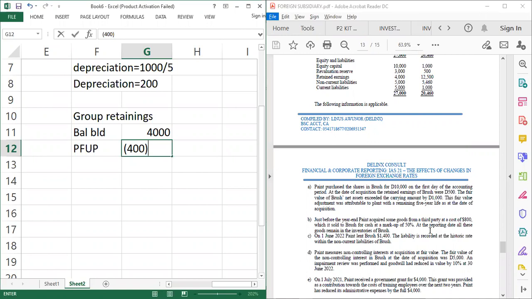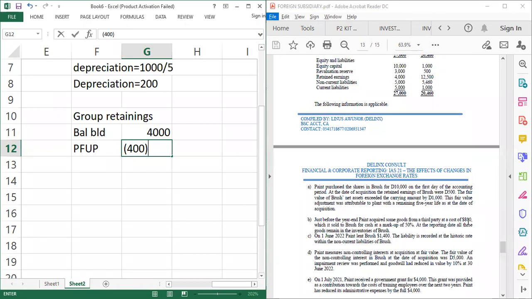But at what price is the subsidiary carrying the goods? 1,200. That would be the D equivalence of 1,200, isn't it? But inventory should be carried at what? The lower of cost and its net realizable value.